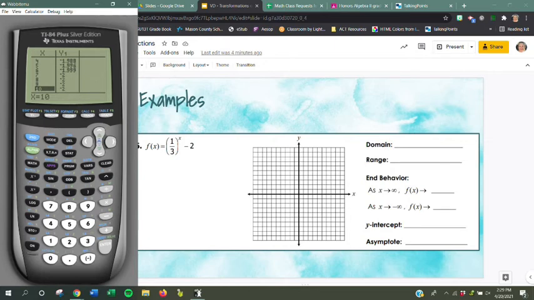Your calculator is rounding to -2, but in actuality, y equals -2 is the asymptote for this function, and our function is never actually going to equal -2. Your calculator is just rounding, and you need to understand that. You need to remember that that's not actually at -2. It's just very, very close.